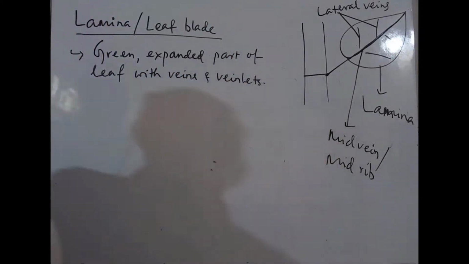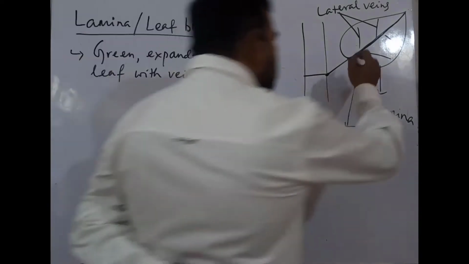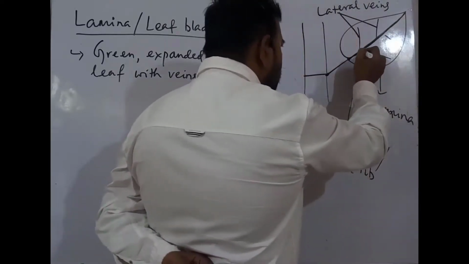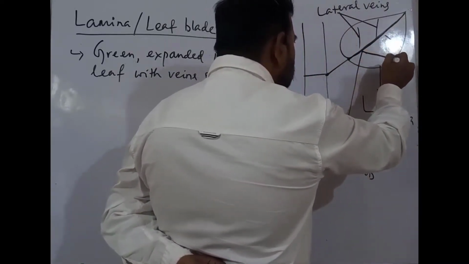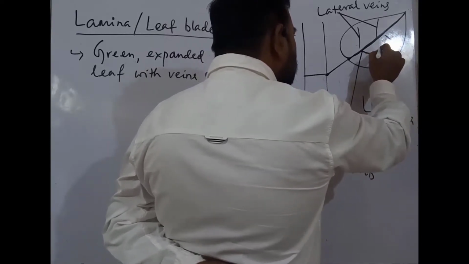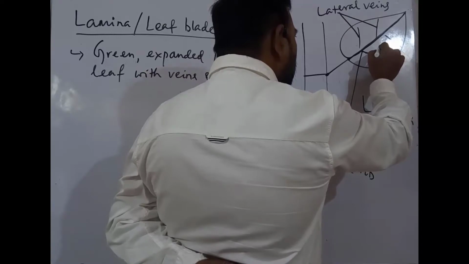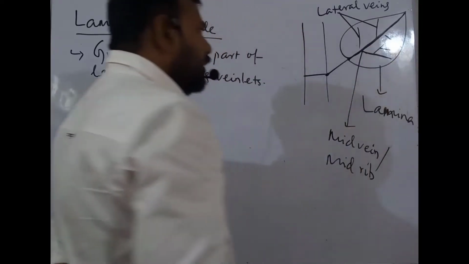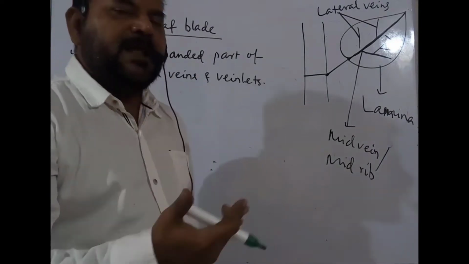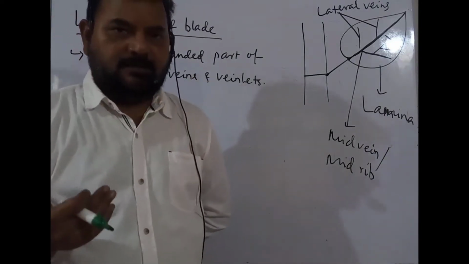Very fine veins are known as veinlets. क्योंकि देखिए ये जो मिड वेन होगा ये बहुत थिक होगा, उसके बाद जो साइड वेन है उससे जो ब्रांच निकलेगा वो उससे थिन होगा, उससे जो ब्रांच निकलेगा वो और थिन होगा, उससे जो ब्रांच निकलेगा वो फिर थिन होगा. तो इसका थिकनेस with the branching it goes on decreasing.